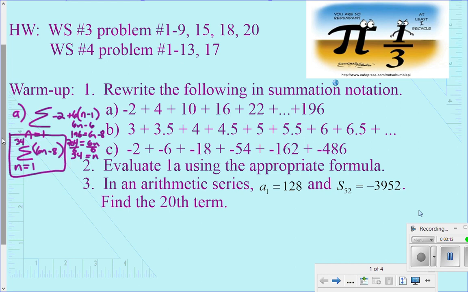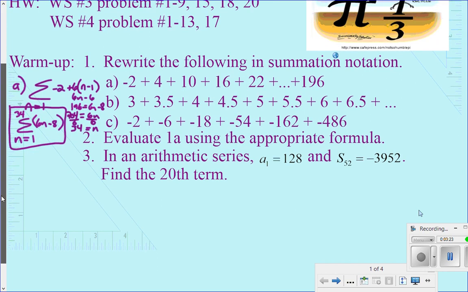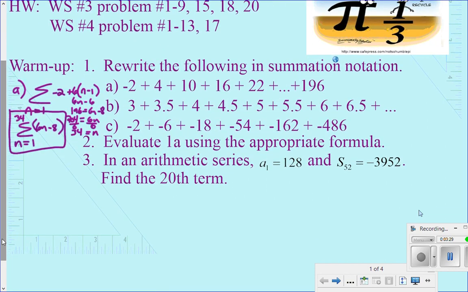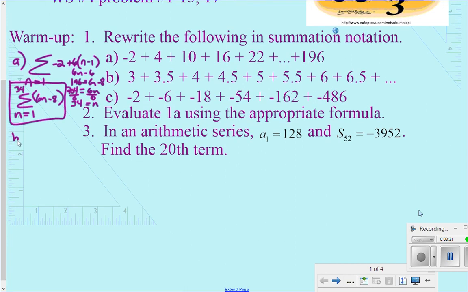Okay, letter B. So once again, I first have to figure out if it's arithmetic or geometric, and I'm seeing 3, 3.5, 4. That looks arithmetic to me. We're adding a half each time. So I'm going to figure out what the explicit formula would be for this series. So I have a sub n equals a sub 1, which is 3, plus 0.5 is the d, times the quantity n minus 1.